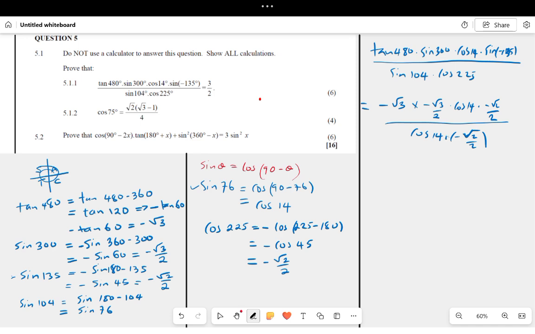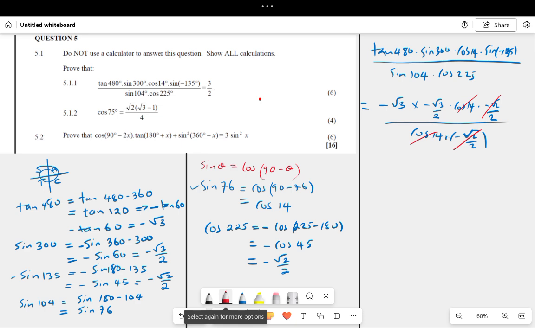Multiplication here. All right, so we start to simplify this. Negative square root of 2 and negative square root of 2 are going to cancel out. Cosine 14 and cosine 14 will cancel out.